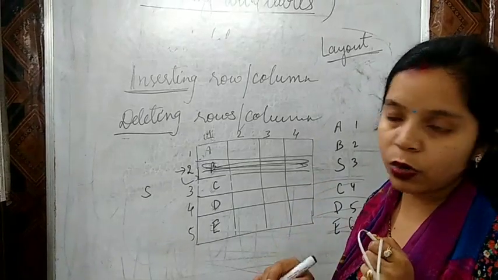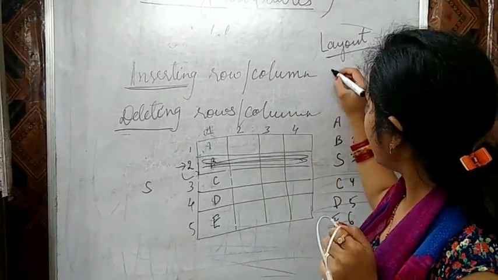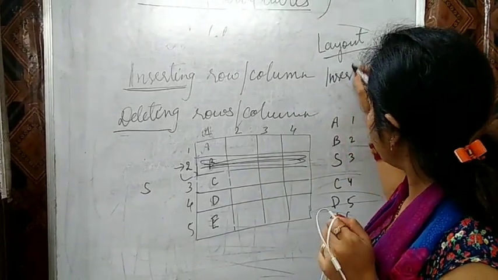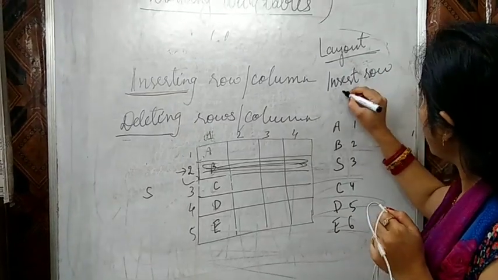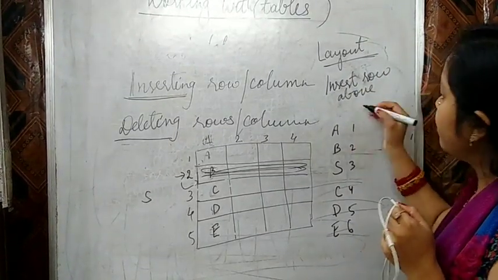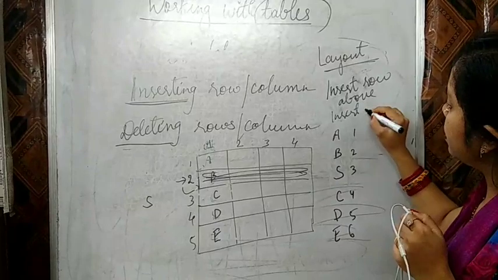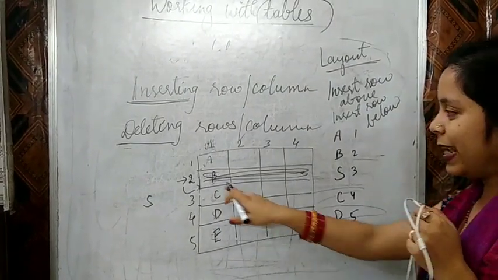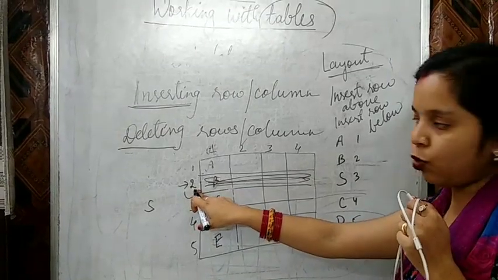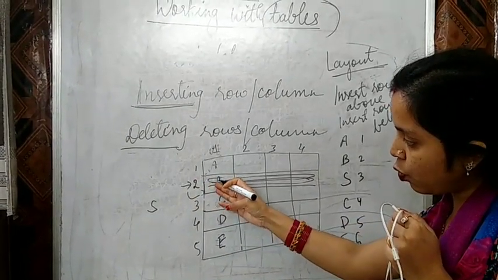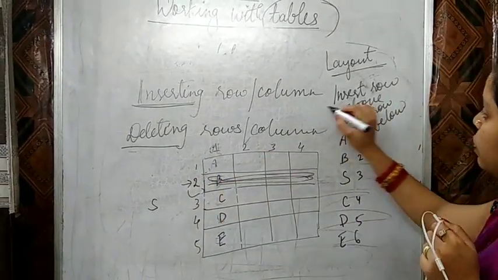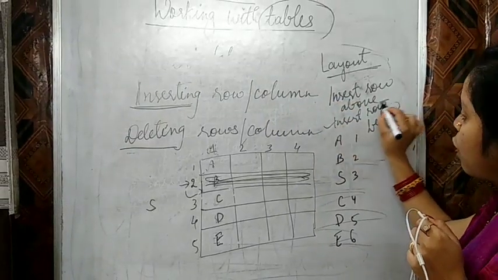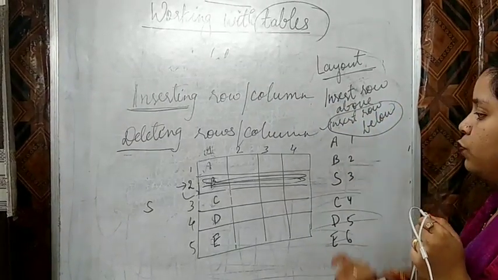There you will get one option, insert row above, and one more option, insert row below. 2 options are there. So here you have selected the second row, and you want the row after the second row, so you will choose the insert row below option.